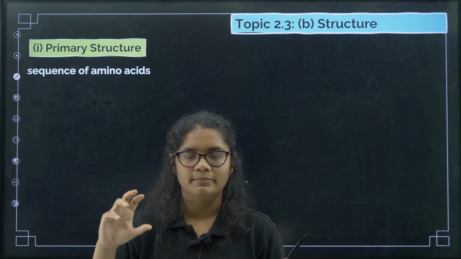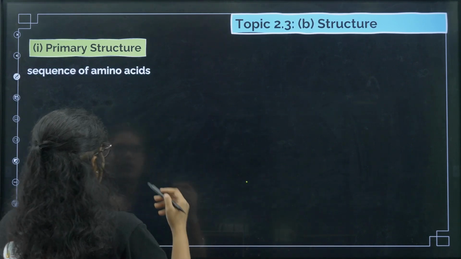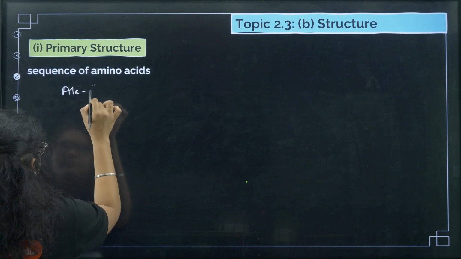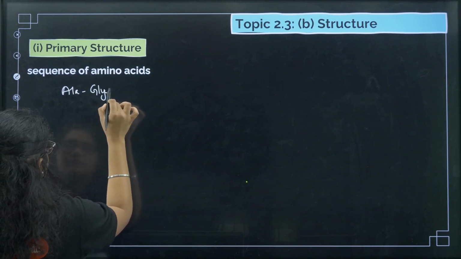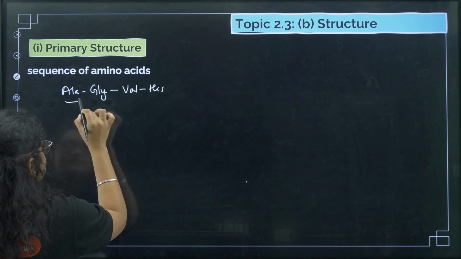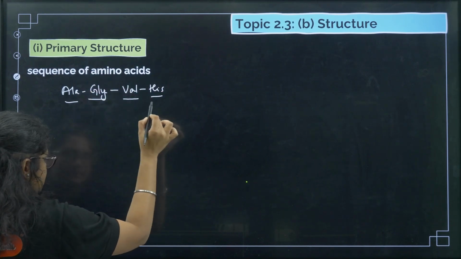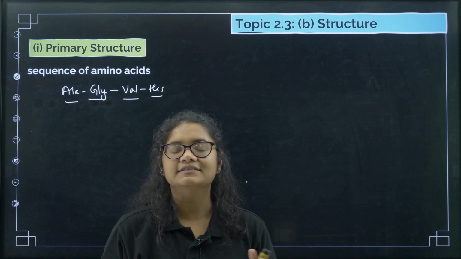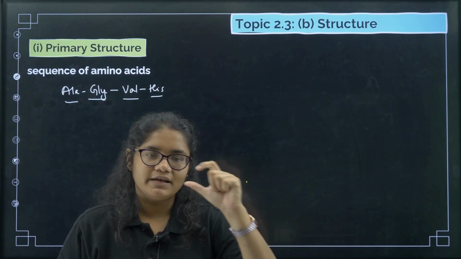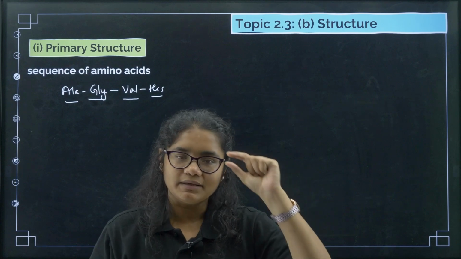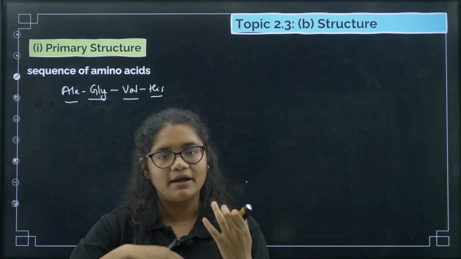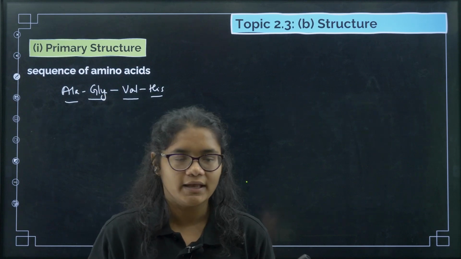For example, alanine, then glycine, then valine, then histidine. This sequence of amino acids in a polypeptide chain is called the primary structure. Any protein will have a primary structure. If you change this sequence, the protein will also change.